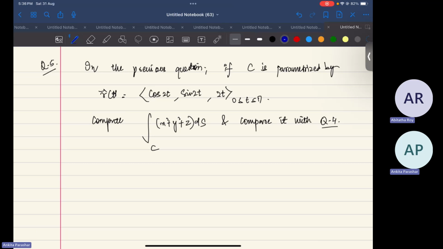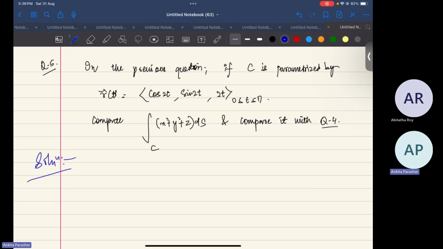Does this question make sense, first of all? It does. Okay, so there is a logic behind it, and I think we will discuss it. So let's solve this. Solution.